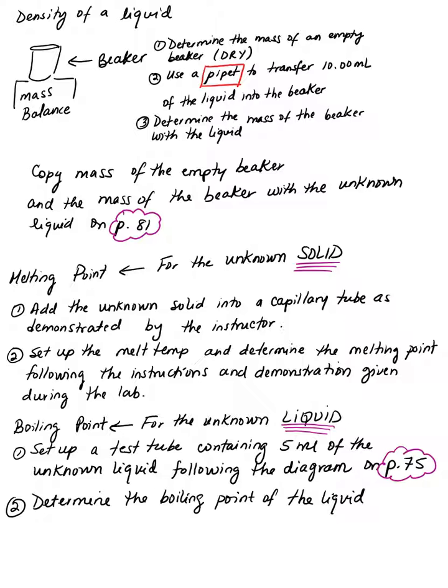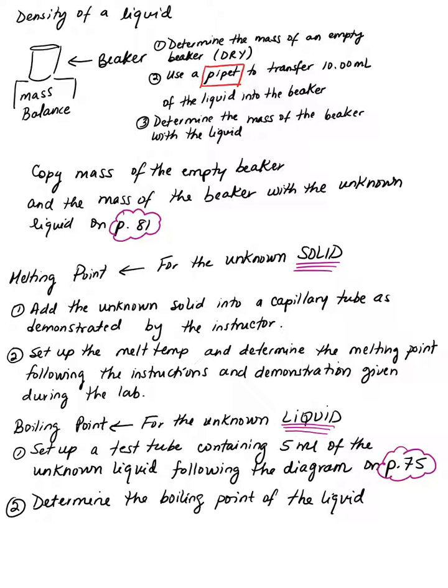Now you're going to use a pipette, and I will demonstrate in the lab how to use the pipette. So you're going to be using the pipette to measure exactly 10 milliliters of your liquid. Those 10 milliliters of your liquid you're going to transfer now into the clean beaker that you weighed empty.